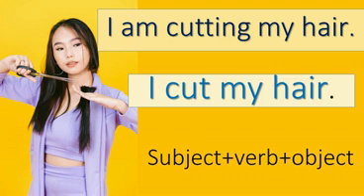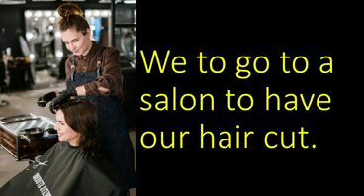Now you can see the picture. We go to a salon to have our hair cut. To have our hair cut is our lesson today. To have our hair cut, that means to have something done.